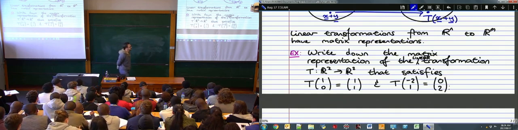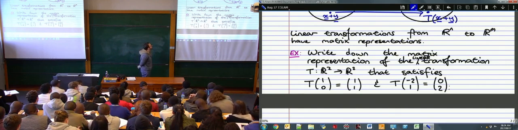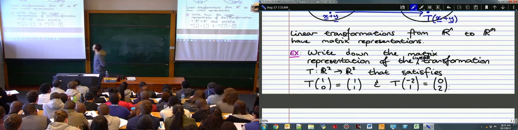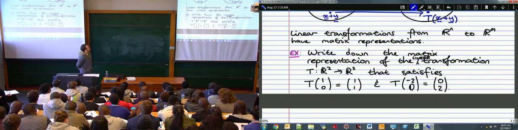It has something to do with the fact that we've been given 2 pieces of information and we're working in R2, so there's some sort of dimension thing there. That's right. We might end up in trouble if we're given the wrong 2 pieces of information.